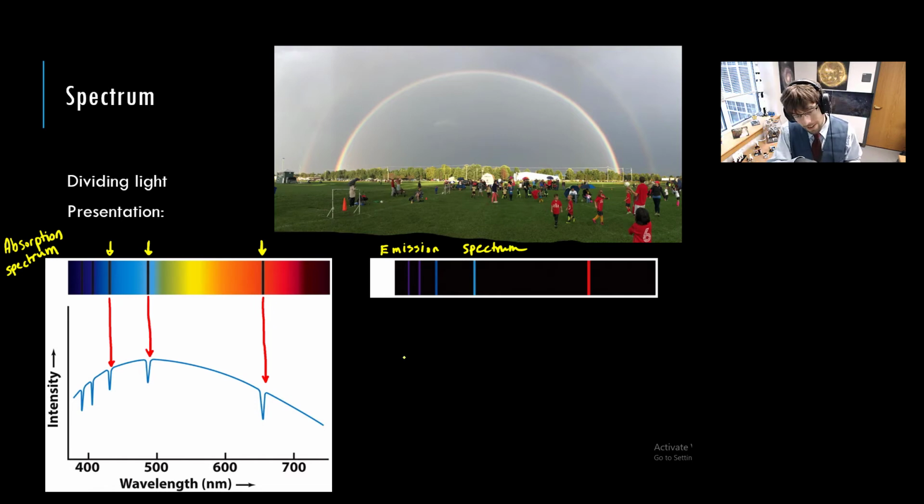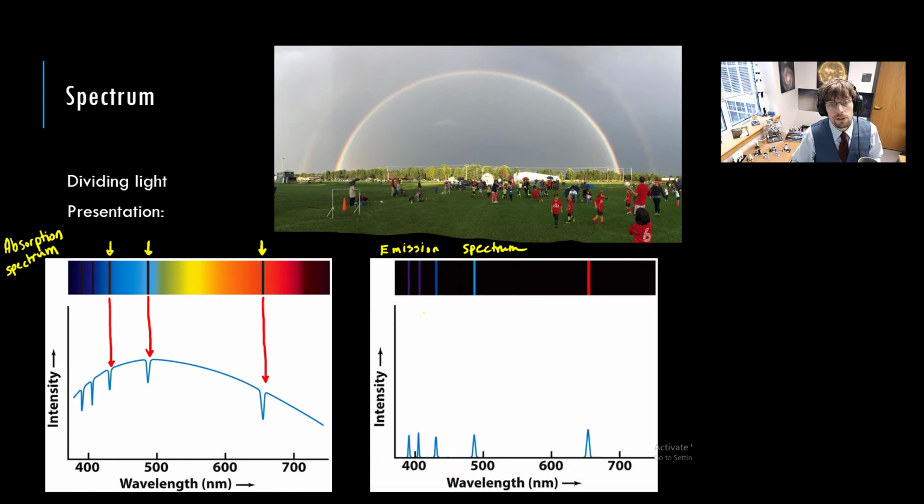And then you should see nothing, and then a blip for this next purple line, etc., etc. So the graphical representation would look something like this, where you have only small jumps where those lines are present. Okay? So that's the second piece, is this idea of spectrum, dividing the light up into its constituent wavelengths.